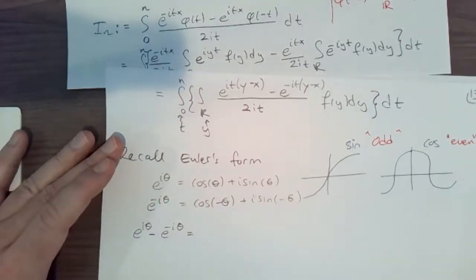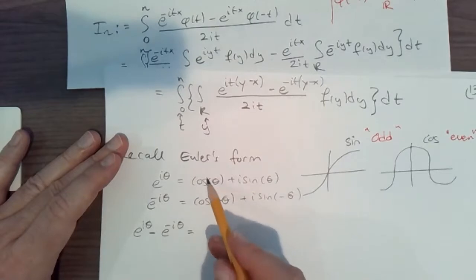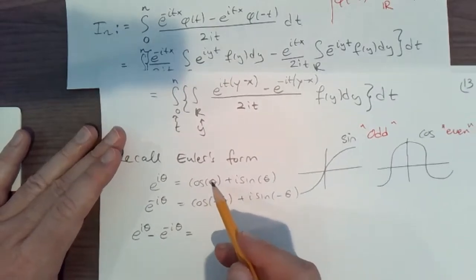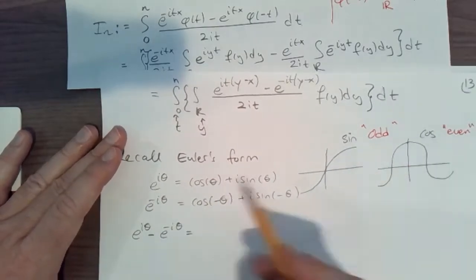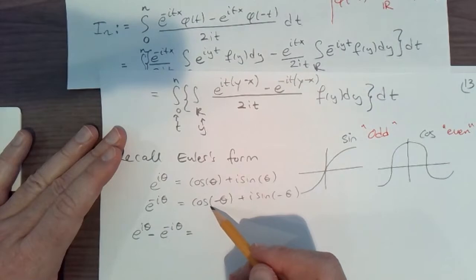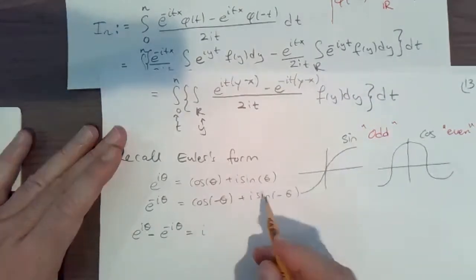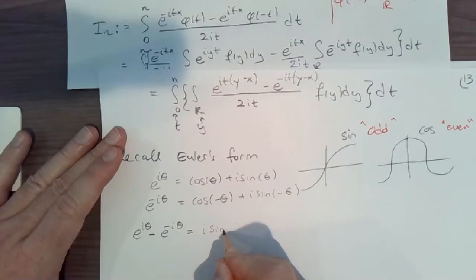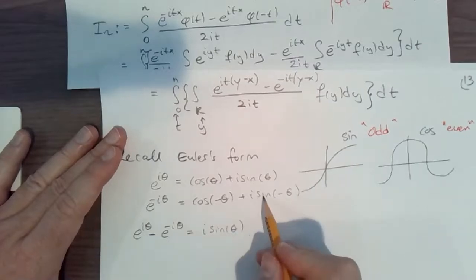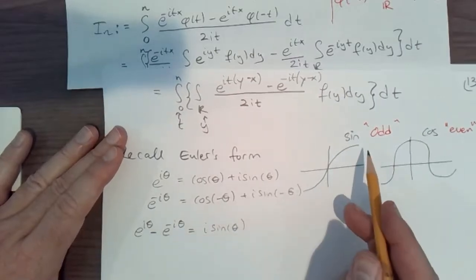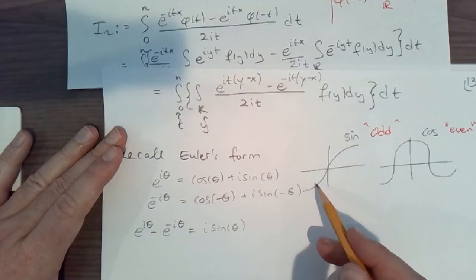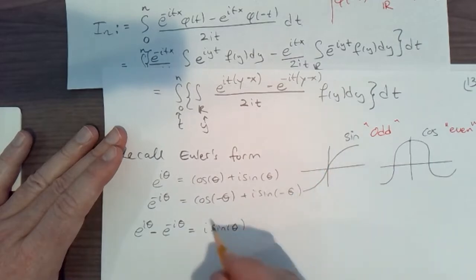Well, I'll have to subtract away the two cosines, but cosine is even, so the cosines cancel. And then I'll have i times sine θ minus sine of minus θ, but sine is odd, so when I put a minus sign, it'll swap back up, and I'll get 2 here.